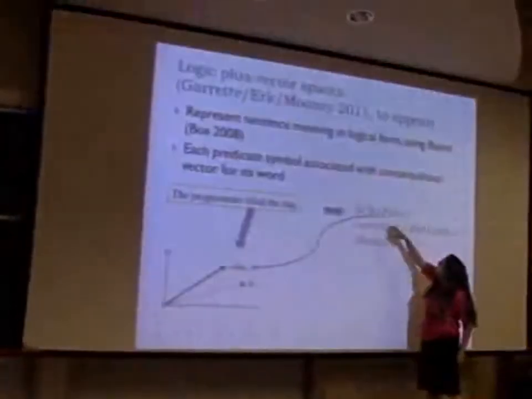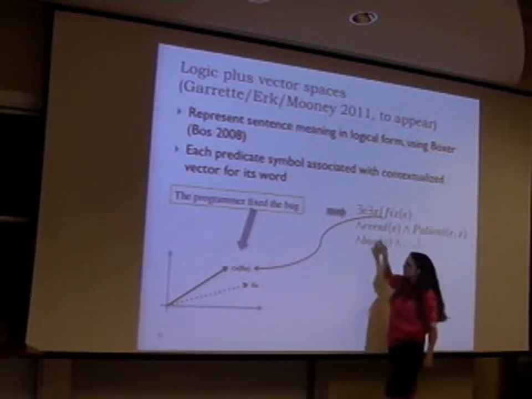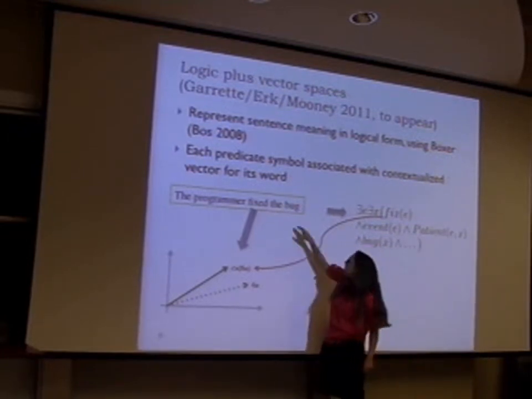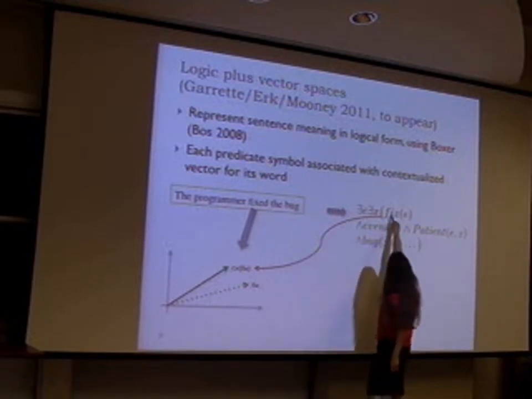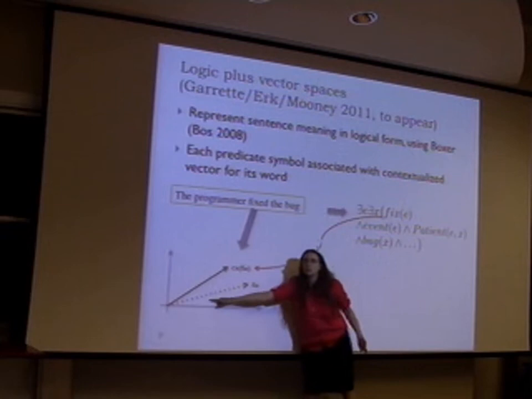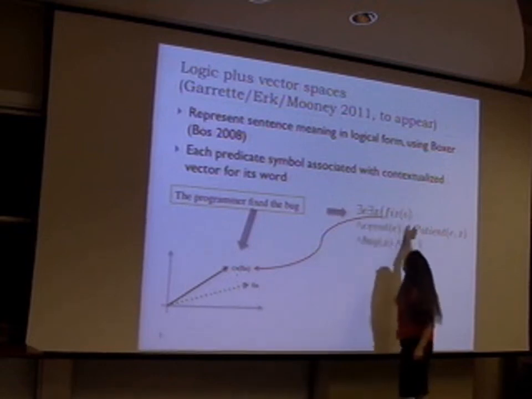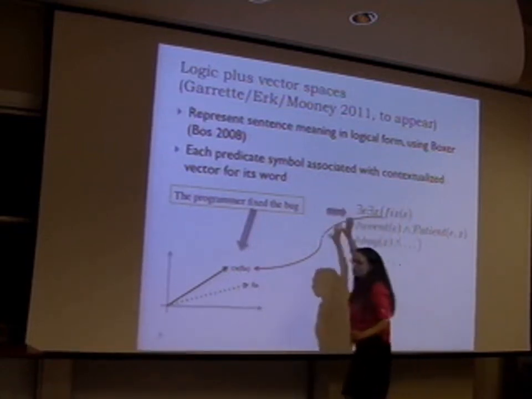So you have a fixing event where the patient is a bug. And then for the predicate fix, you have the general vector for fix, and you have the contextualized vector for fix, which we compute off of the logical form here.